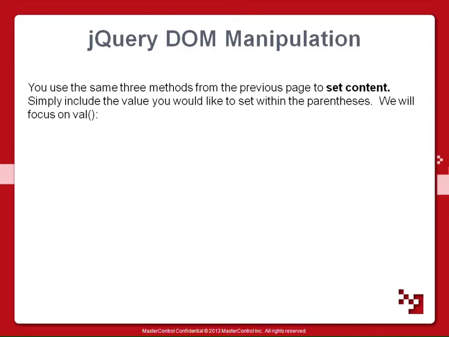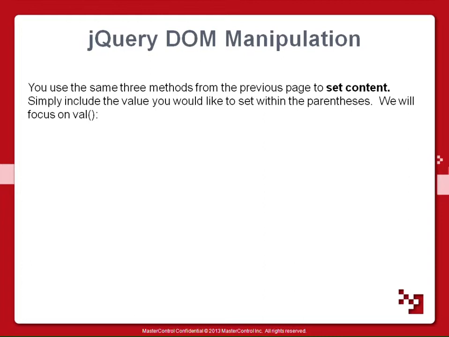Okay, so you can use the same three methods for setting content. That last one was show me what's in there. The next one is that now I want to put something into a field programmatically. I'm sure everyone in here trusts their users to do the right thing all the time, right? But we all know that sometimes users can really make a mess of things.